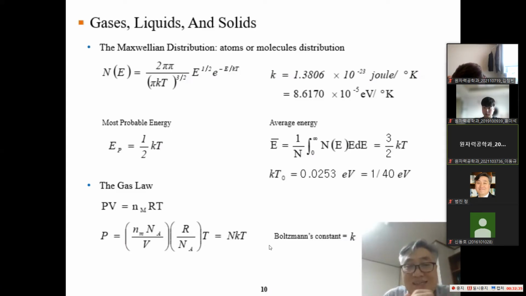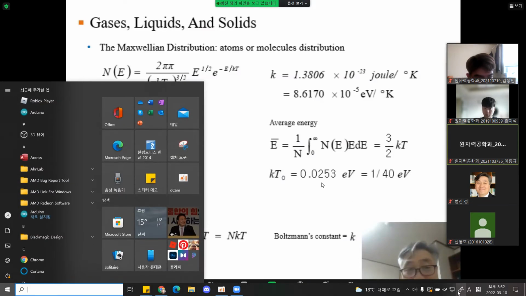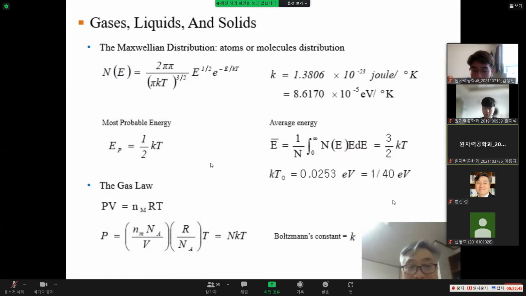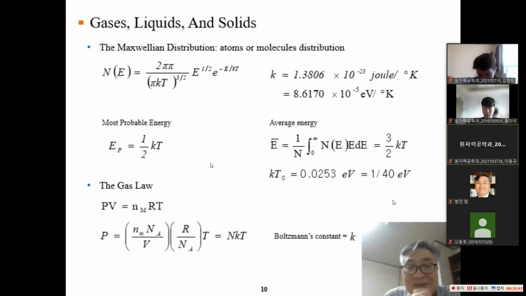It equals, I don't know why there is 2 pi, 2 pi divided by pi kT, E to the power of half, exponential minus E per kT. This we call the Maxwellian distribution.